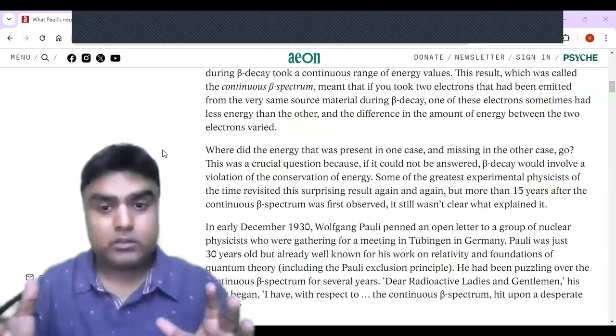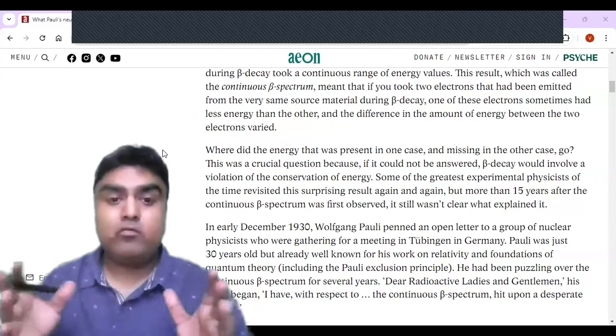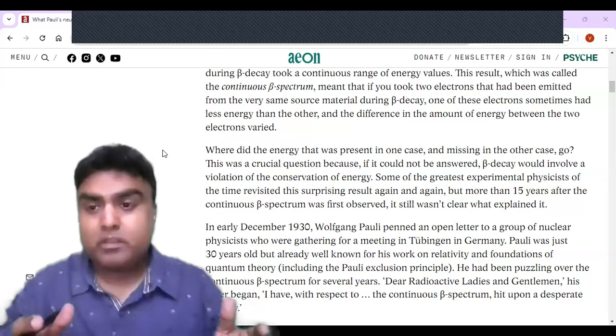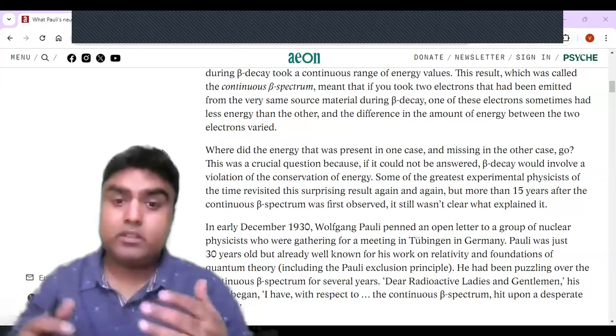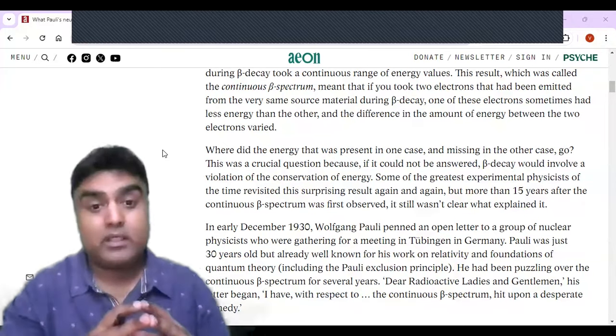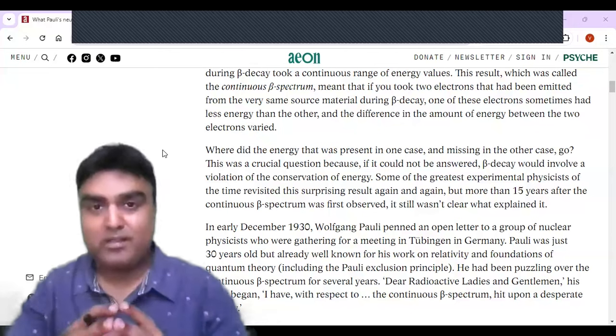So this was a crucial question, because if it could not be answered, beta decay would involve a violation of the conservation of energy. Some of the greatest experimental physicists of that time revisited these surprising results again and again, but more than 15 years after the continuous beta spectrum was first observed, it still wasn't clear what explained it.